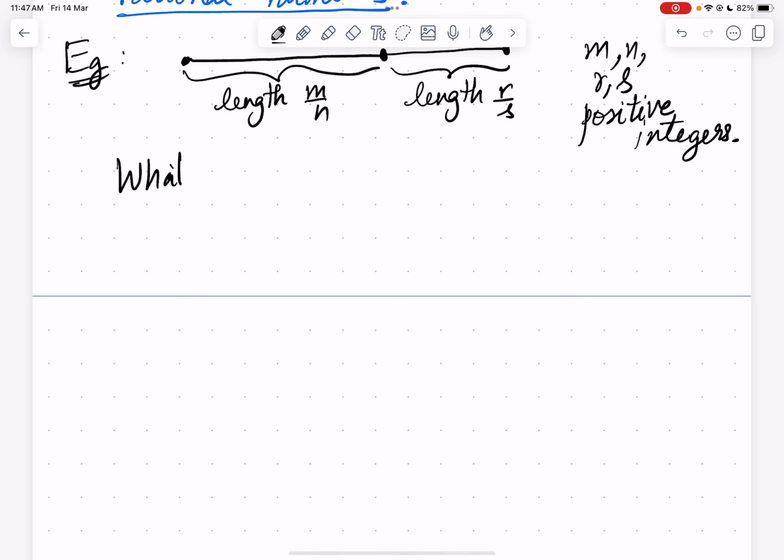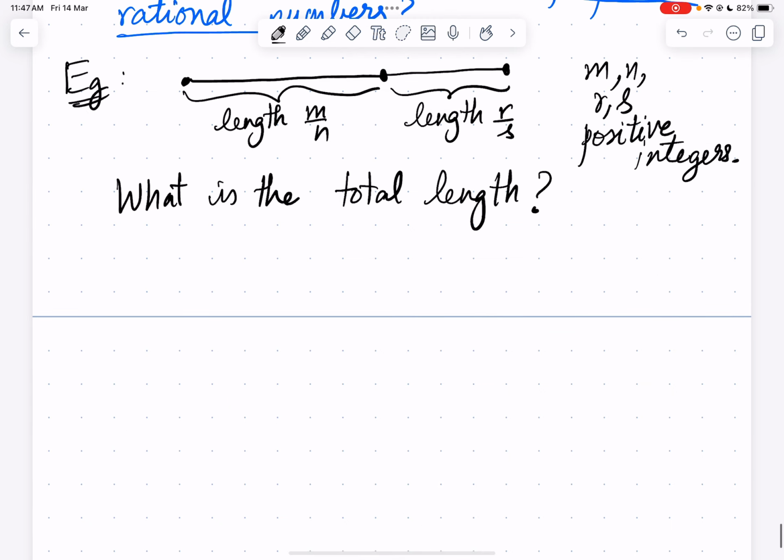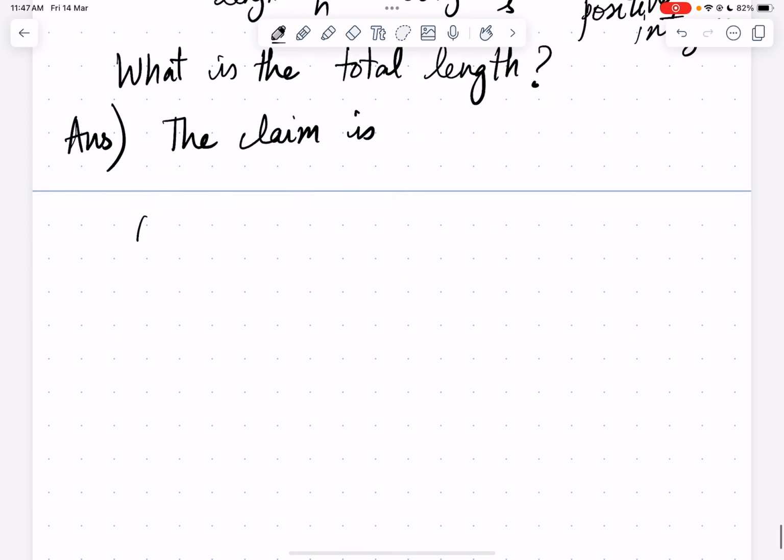We can ask, what is the total length? Let's say the claim is that the total length is m by n plus r by s.